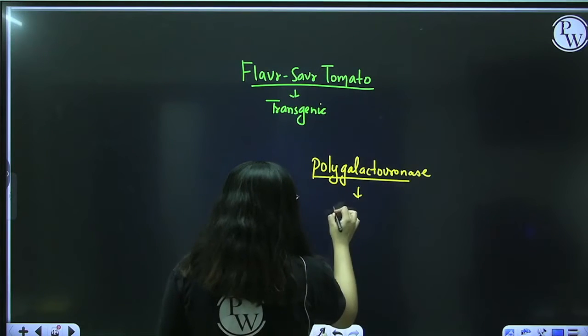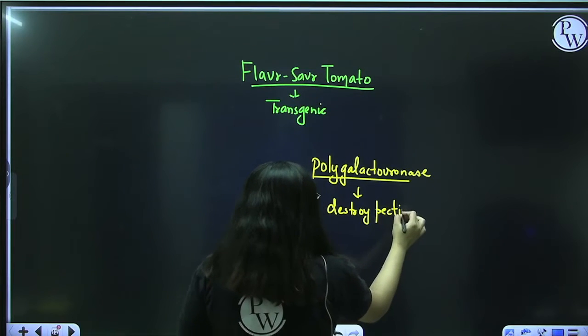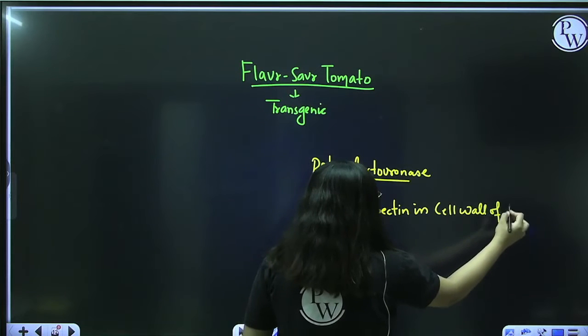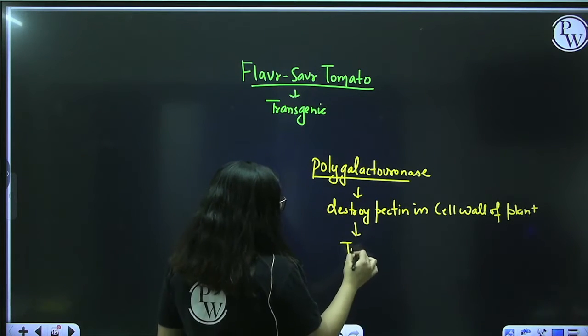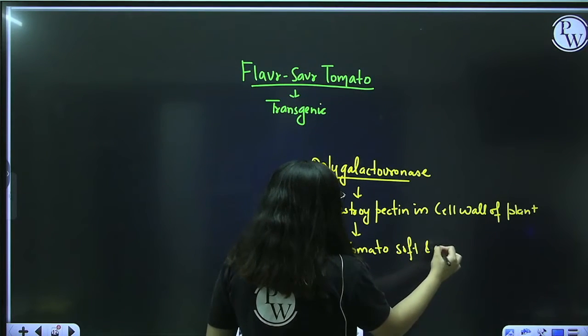This enzyme destroys pectin in the cell wall of the plant. Right. So if the cell wall is destroyed, the tomato gets soft and overripe.